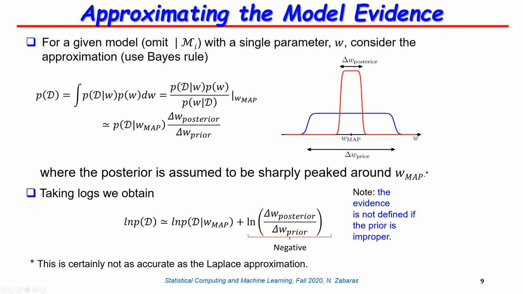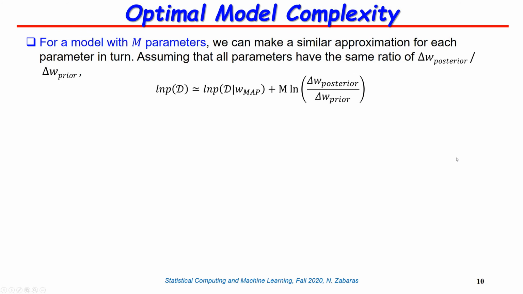And the way that I evaluated this equation, I only assumed one parameter W with this schematic, but you can actually generalize this for m parameters. In this equation I'm assuming that I have the same delta W posterior divided by delta W prior for all the parameters W, and I have m of those.